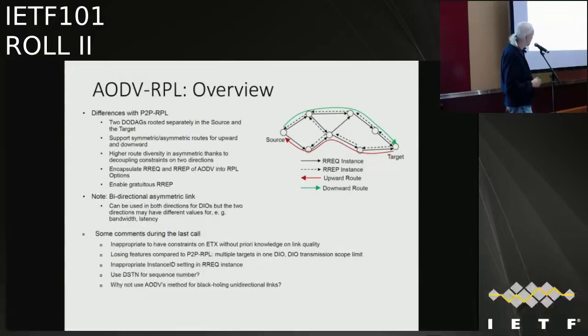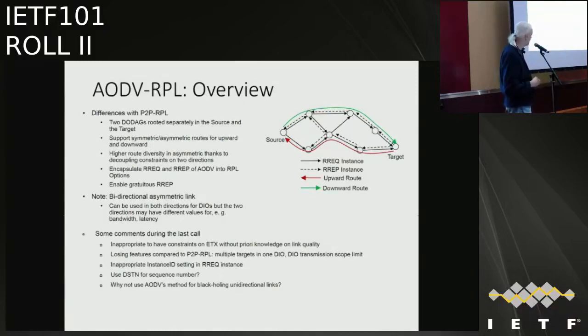But the most extensive comment was that AODV Ripple was written more or less from a fresh start, given the charter item to do peer-to-peer networking and allow for asymmetry as well. We didn't at that time go into the previous experimental RFC, P2P Ripple, 6997.